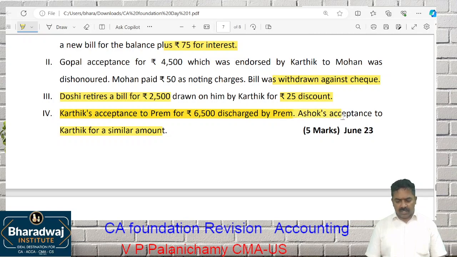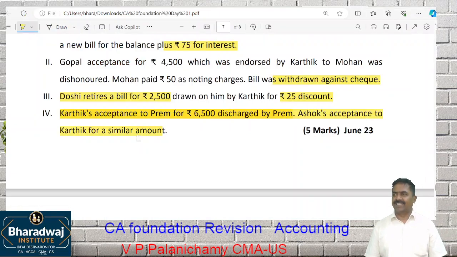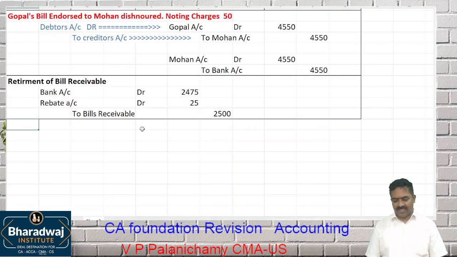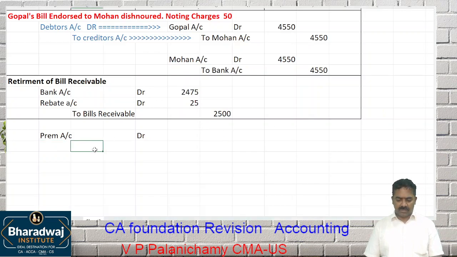Ashok's acceptance to Karthik for a similar amount. Logical reasoning. Okay, to whom is the money paid? Prem. Debit the receiver. Prem account debtor. Who is paying the money? Ashok. How much?